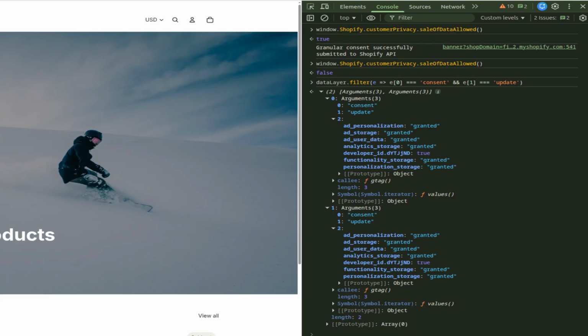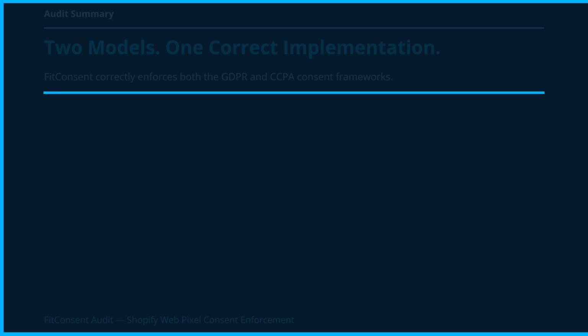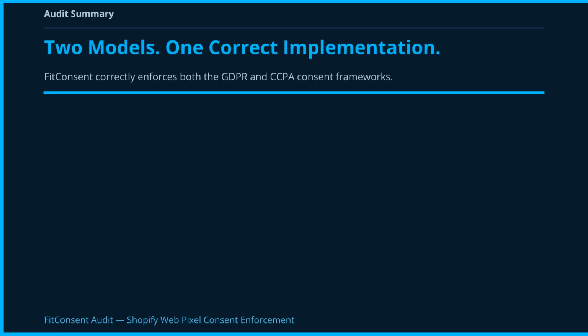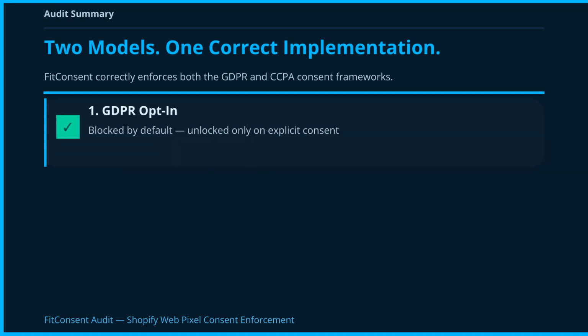Every opt-out event is logged with a timestamp, visitor geography, and GPC status in the FitConsent audit trail, satisfying CPRA's documented opt-out requirement. This audit demonstrates two things. First, that FitConsent correctly enforces the GDPR opt-in model, blocking all processing by default and unlocking it only on explicit consent.